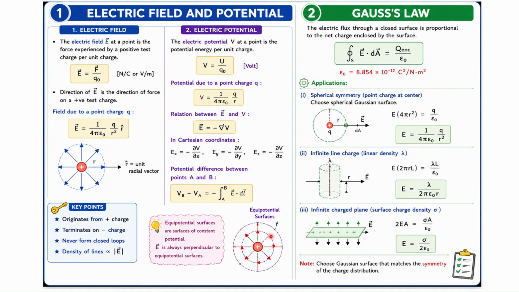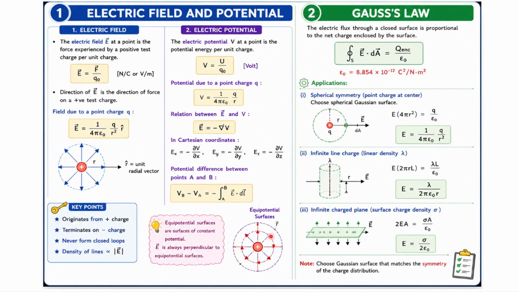You can imagine it like contour lines on a topographic map, which represent lines of constant altitude. Equipotential surfaces are regions where the voltage remains completely constant. This is important.